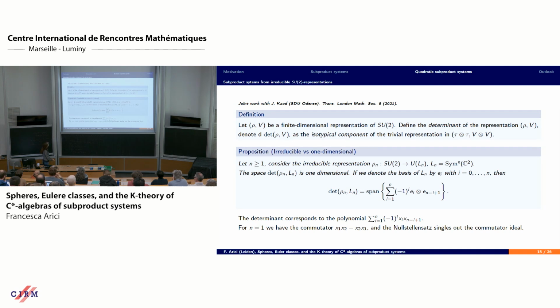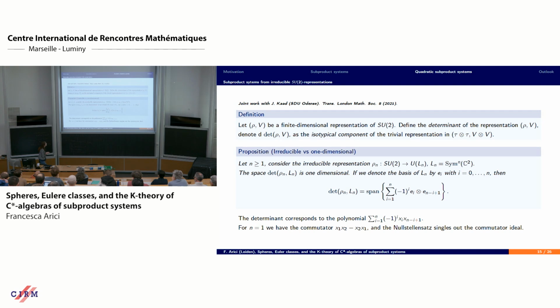Okay, so what we proved is that if you start from an irreducible representation, by the character formula, this isotypical component of the trivial representation in the tensor is one-dimensional, and then we wrote out what the generator for this vector space was, and this was an alternating sum of tensors of e_i and e_{n-i+1}.